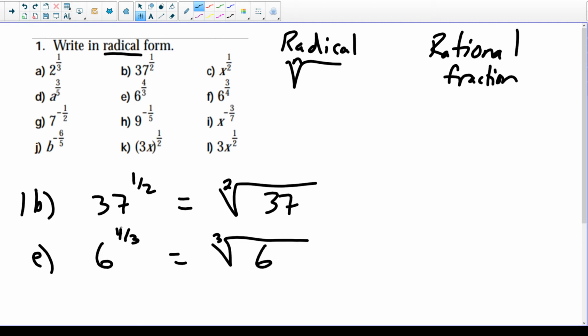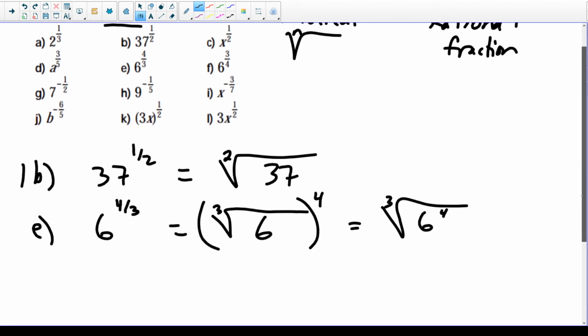And the power, the numerator, can either be written in one of two ways. It can be written as the power outside of the bracket, which is the way I prefer, or it can be written inside of the radical next to the base, radicand. Those are the two easiest examples, right? You need to know at least those two to be able to just understand how these work in general.